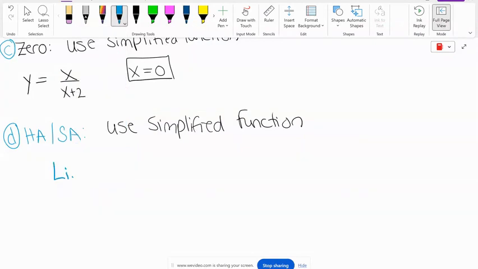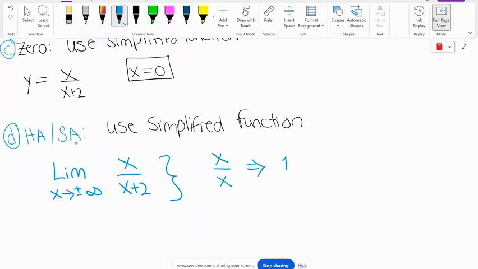So I'm going to take the limit as x approaches plus or minus infinity of x over x plus 2. Now we take the most influential term on top over the most influential term on the bottom. So we are x over x, but what's x divided by x? 1. So what are we going to have? A horizontal asymptote at y equals 1.